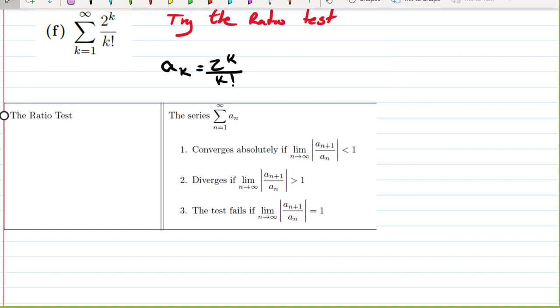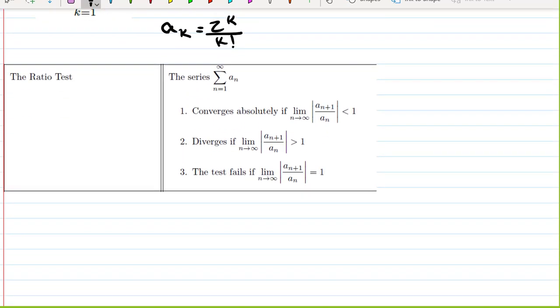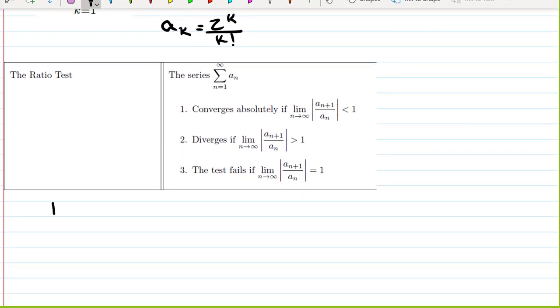It diverges if the same ratio is greater than 1. The ratio test unfortunately fails if the limit is equal to 1. These are the same three things that happen with the root test, but instead of a ratio, we're going to have a root there. So we need to calculate the limit as k goes to infinity of a_(k+1) over a_k in absolute value.